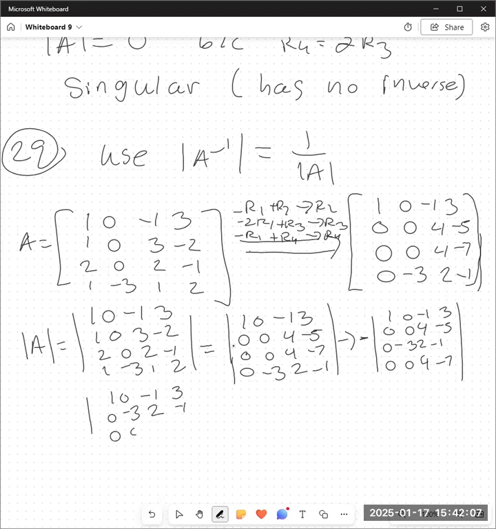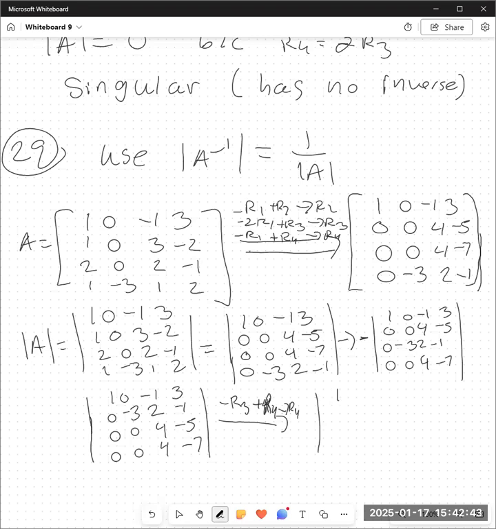-1, 0, 0, 4, -5, 0, 0, 0, 0, 4, -7. And I'm going to add the opposite of row 3 to row 4 to produce a new row 4.